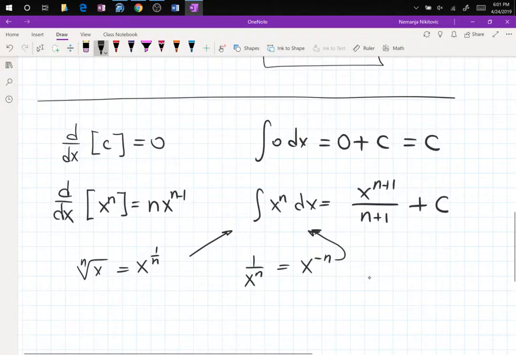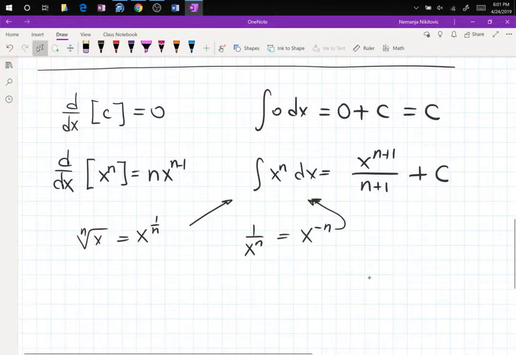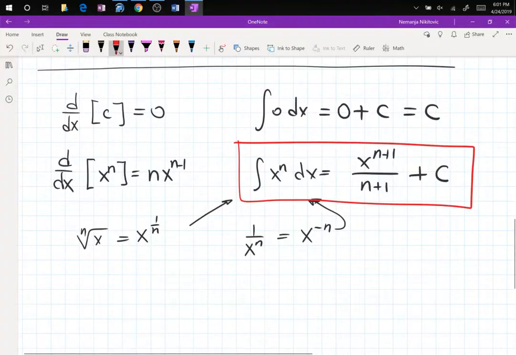So polynomial, rational, and radical, all of those belong in the single formula, just like they belong there with the derivative. One formula for all of them. So this is one of the big ones.